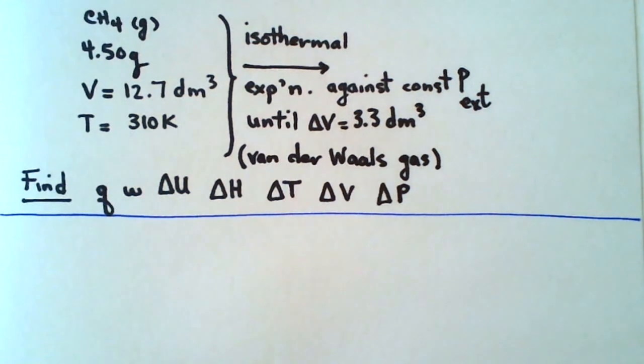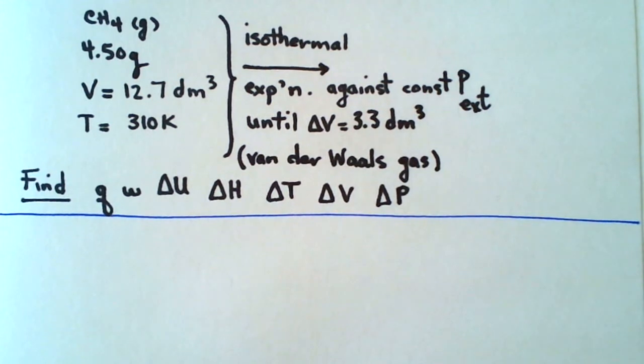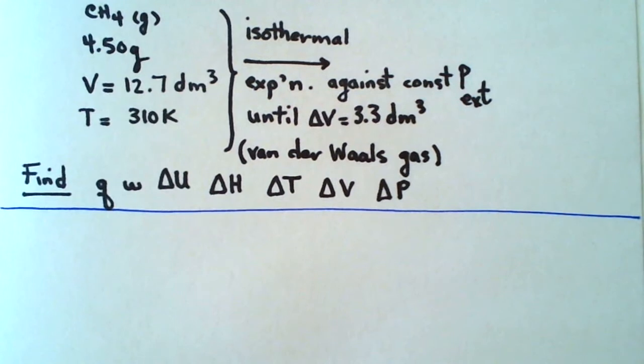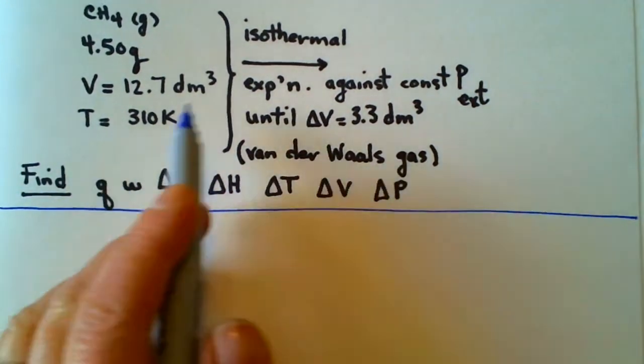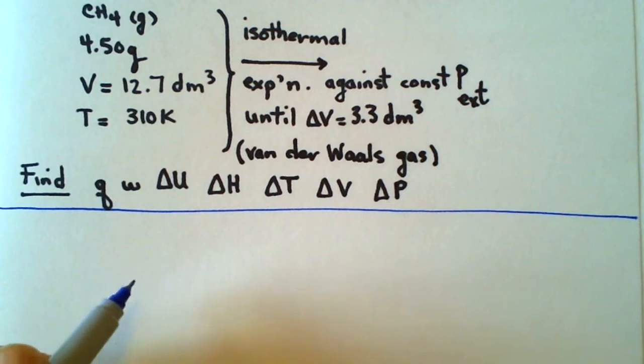Okay, so I'm going to take those out of view, but that is my resource that I've created, and of course in an assessment situation you would have access to that information in the form of a data table for any number of gases. It's not necessarily given in the question.